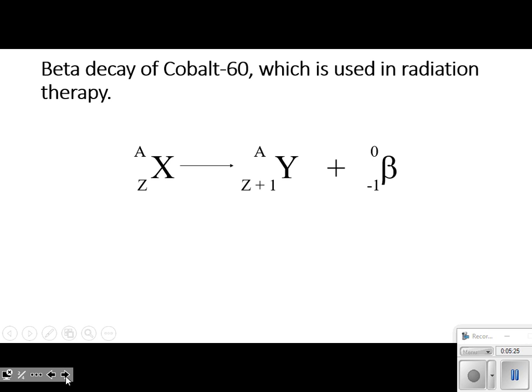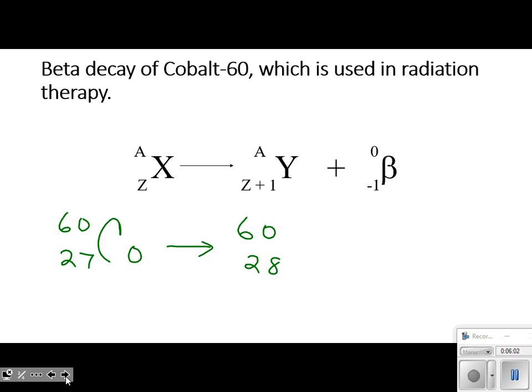Once again, I'm starting out with cobalt. I know that cobalt has a mass number of 60. Cobalt has 27 protons because its atomic number is 27. So when I look over at my math, my A is staying the same. My Z is increasing by 1. So I've got 60 over 28.